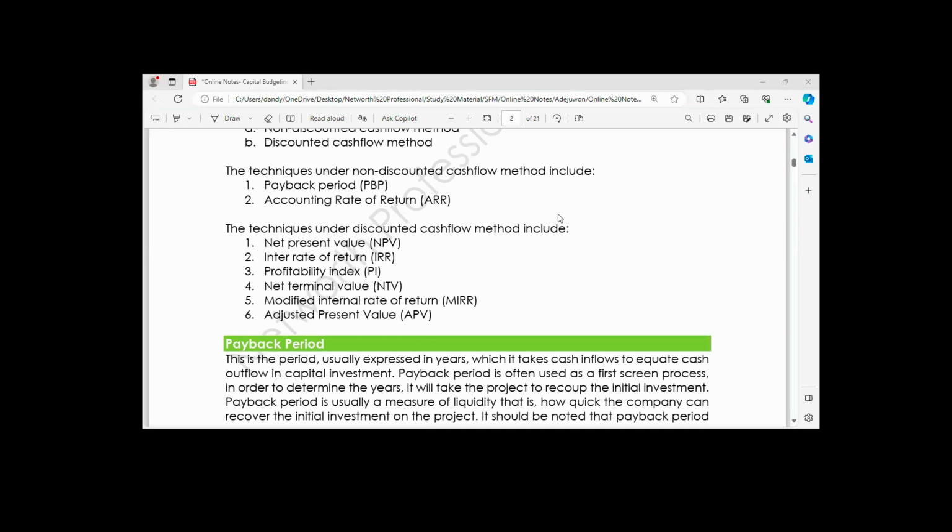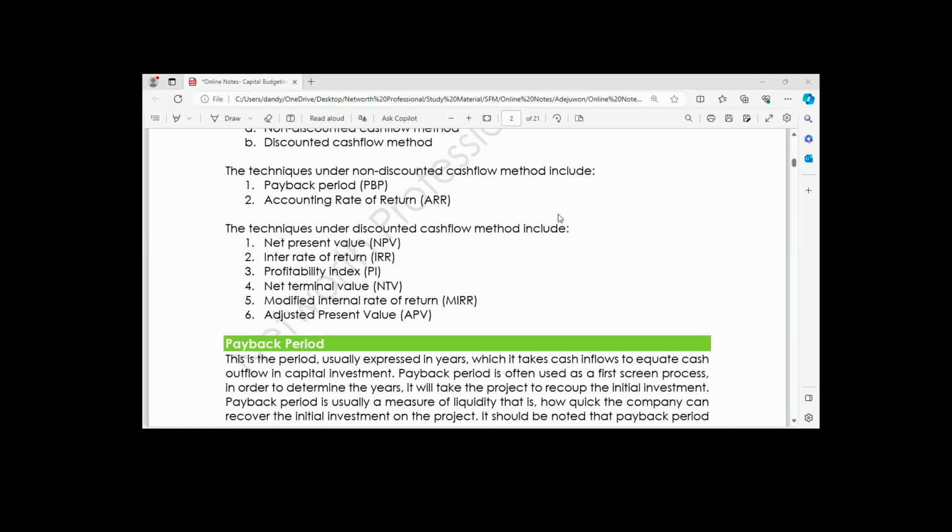When you say time value of money, it simply means that the value of 1 naira of today is worth more than the value of 1 naira of tomorrow.